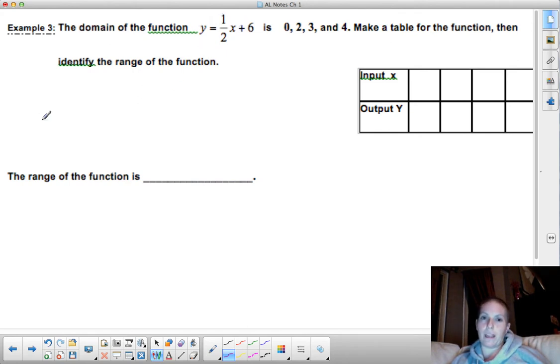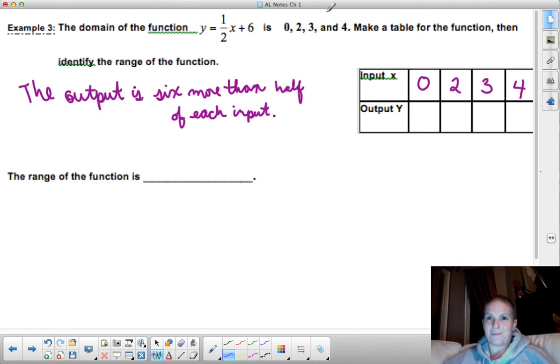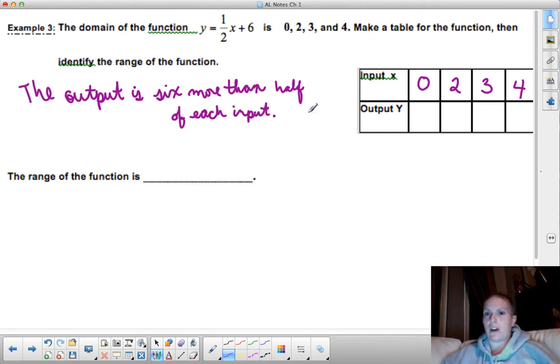The output is 1/2 of the input increased by 6, or 6 more than half of each input. So I cheated and paused and wrote that down for you. It would be the verbal model. Even if we weren't asked for it here, we should have at least thought it.